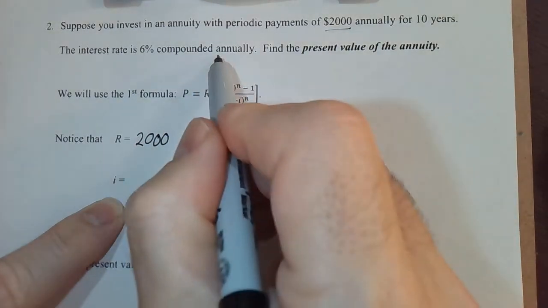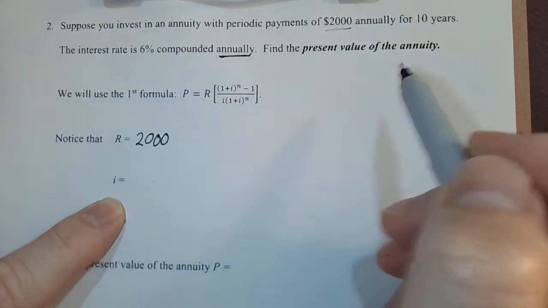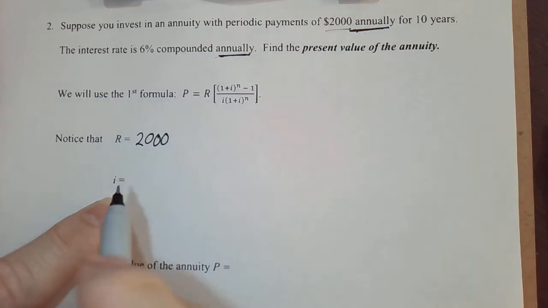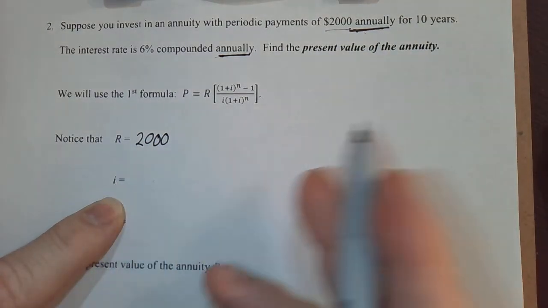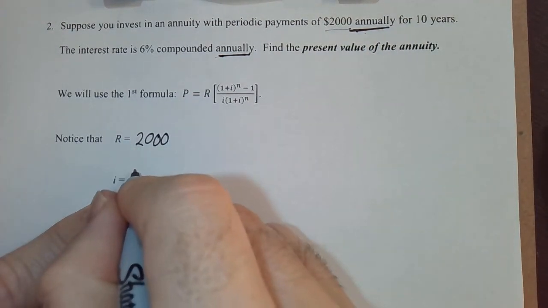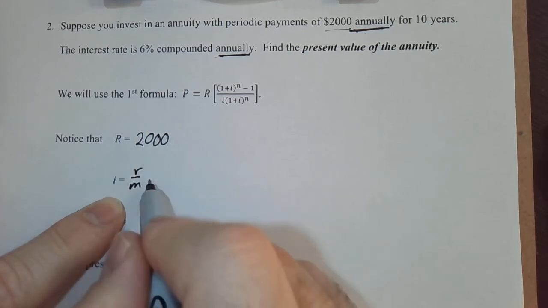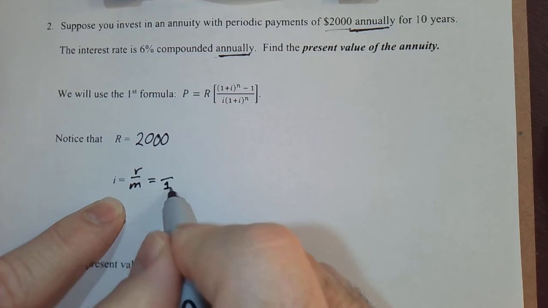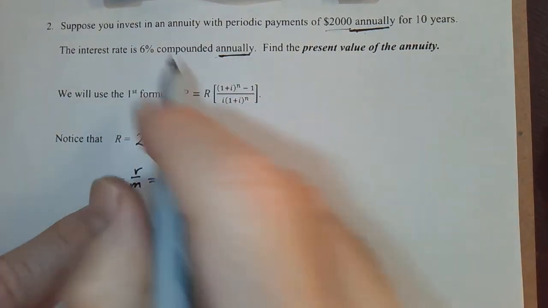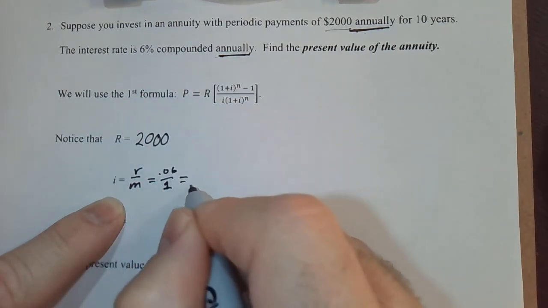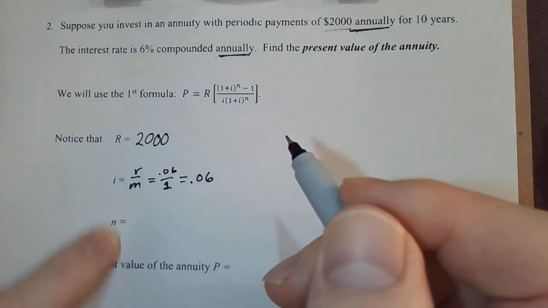Because the time period is annually, I is the same as the interest rate. Technically, this should be the interest rate over the number of payments per year, but the number of payments per year is just 1. And the interest rate is 0.06, so I is 0.06.